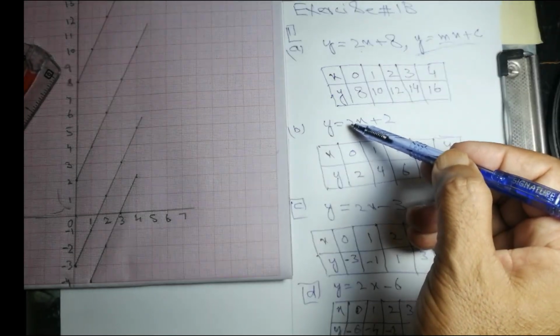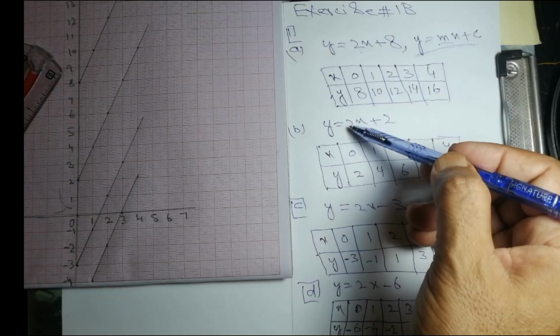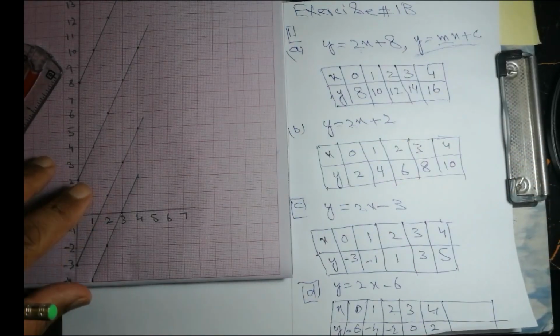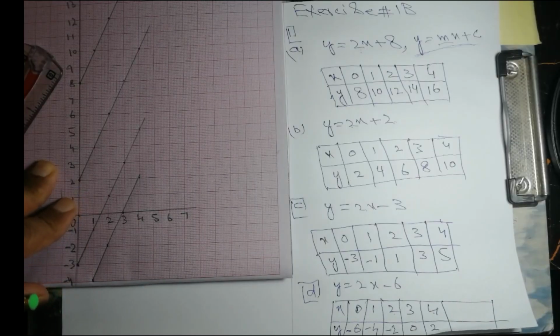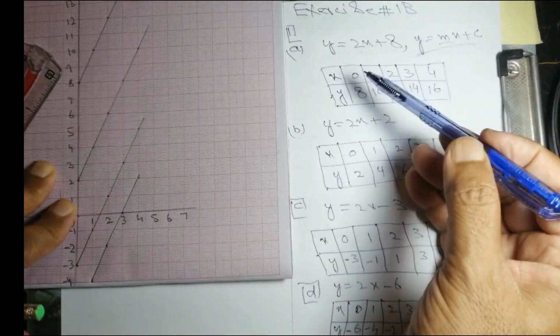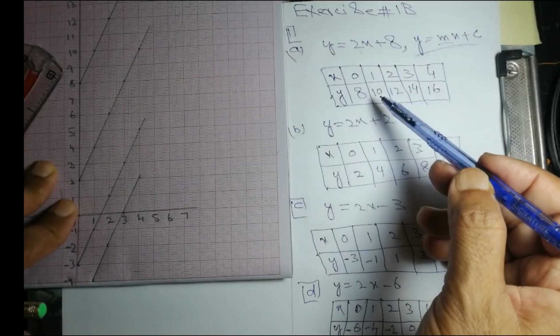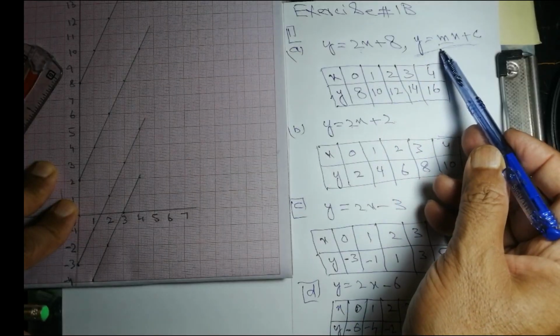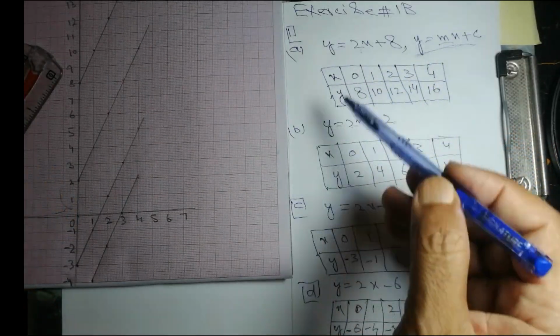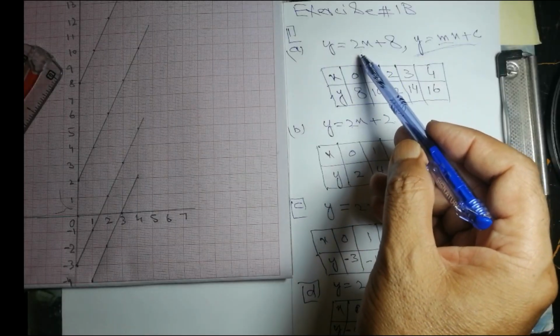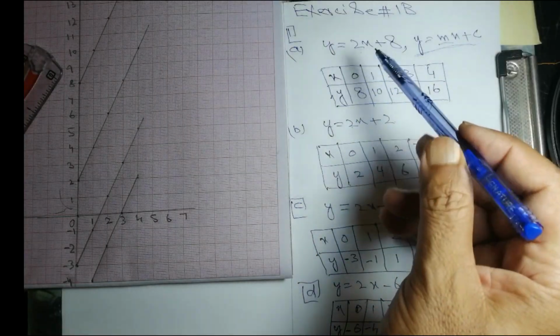So what does m equal to 2 mean? It means the slope, or gradient, or steepness of a line. We will see more about this, but for all the given lines the gradient is 2, or the value of m is 2, so the slope is the same.